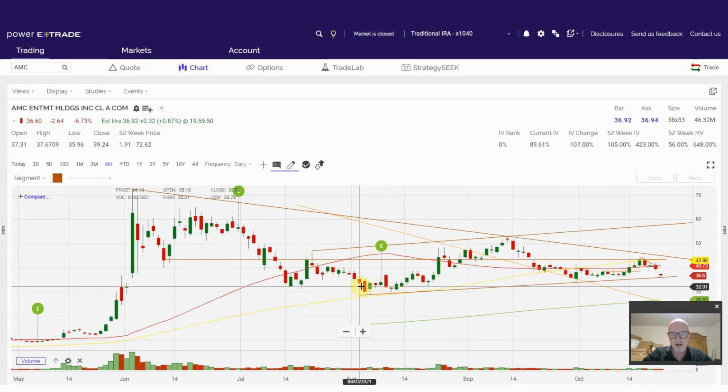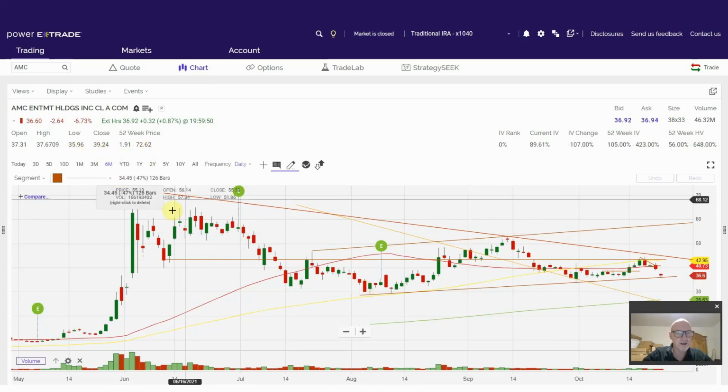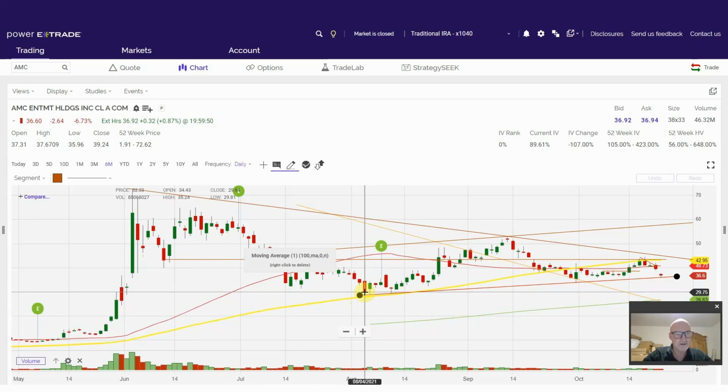If we go back to, let's say, even August 4th, we can go back quite a ways, but basically we're looking at lows here. If we have a low here at 35.96, our closing price, well, that doesn't make sense. Wait, I'm looking at the wrong one. So we have a low of 29.81.